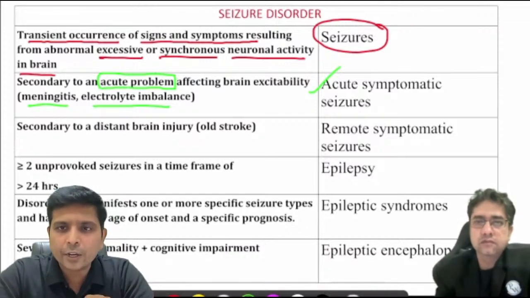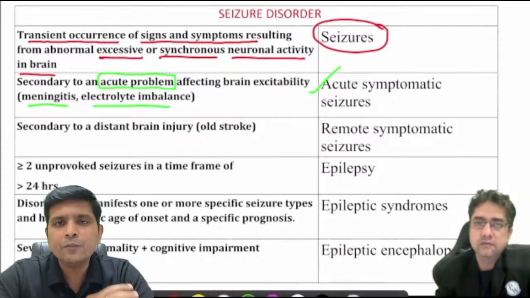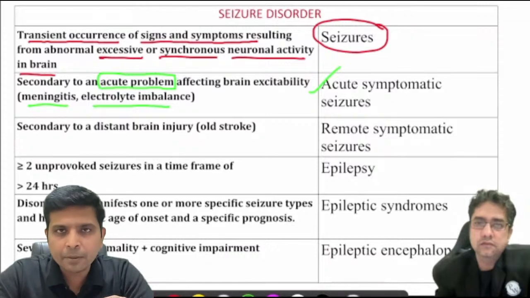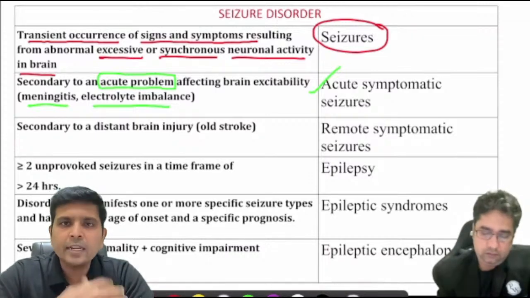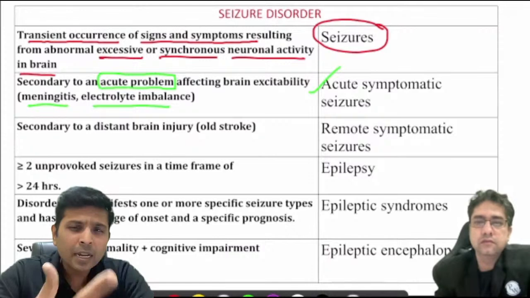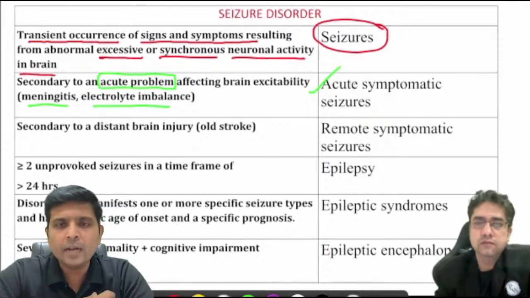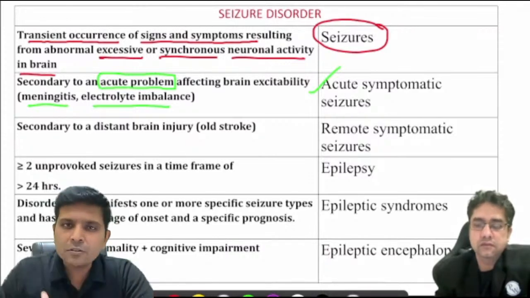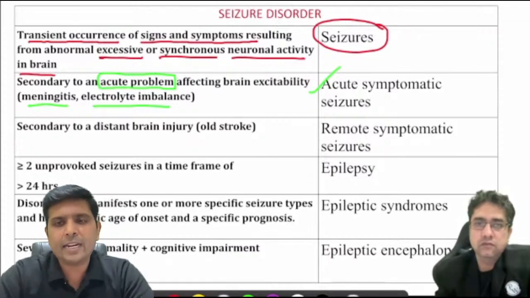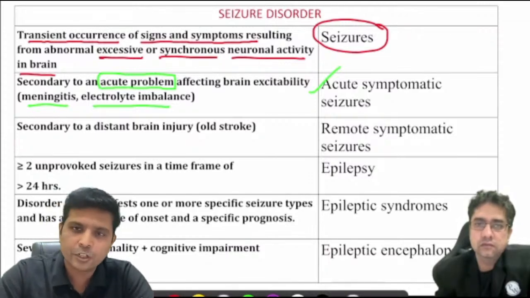This is called acute symptomatic seizures. Majority of them will respond to corrective measures taken for the etiology. For example, treat hypoglycemia, treat hypocalcemia, relieve subdural hematoma, give antibiotics. In this way, you can give seizure management for acute symptomatic seizures.